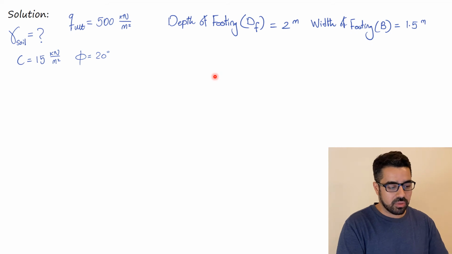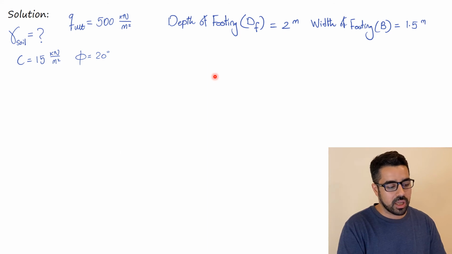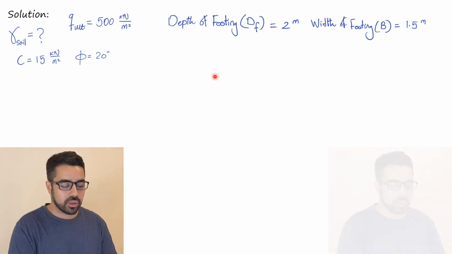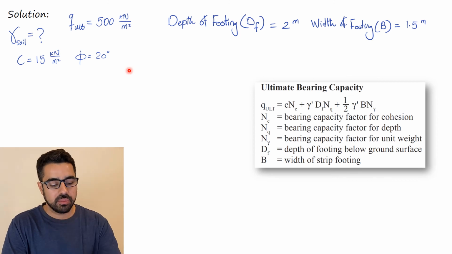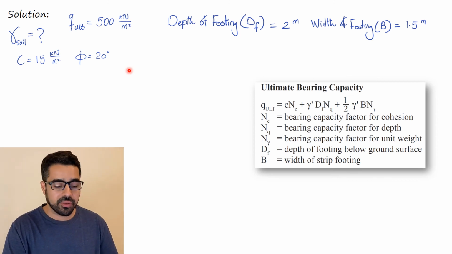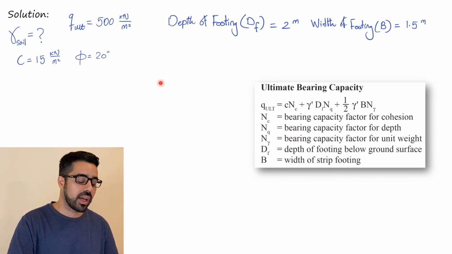As usual, we start by writing down what is given: the depth and width of the footing, the cohesion, and phi, the angle of internal friction. This is the ultimate bearing capacity equation, which we got from the FE reference manual. As you can see here, the bearing capacity factors Nc, Nq, and N gamma are not given, but the angle of internal friction is. That helps.